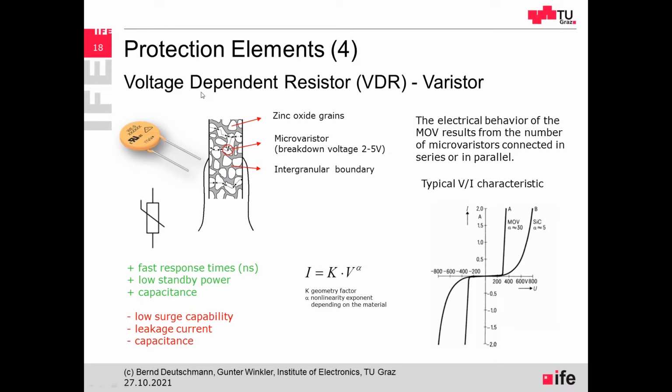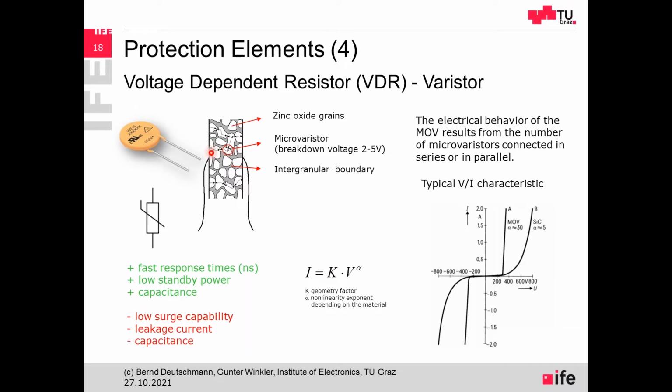Yeah. Another very often used ESD protection structure is the varistor, or the voltage-dependent resistor. They provide a very fast response time and low standby power, and they are produced in different ways and sizes.